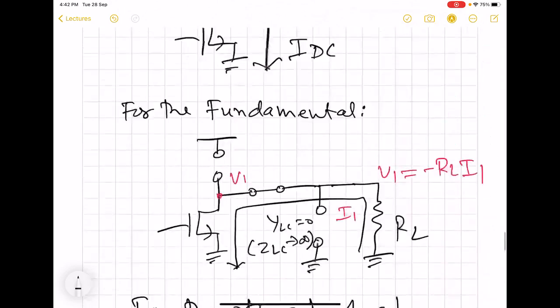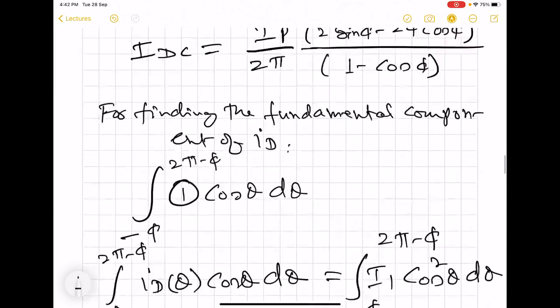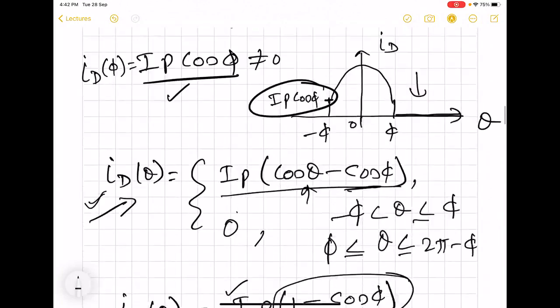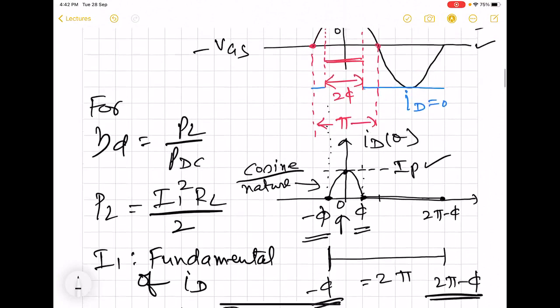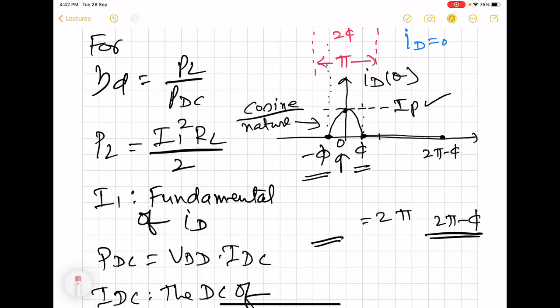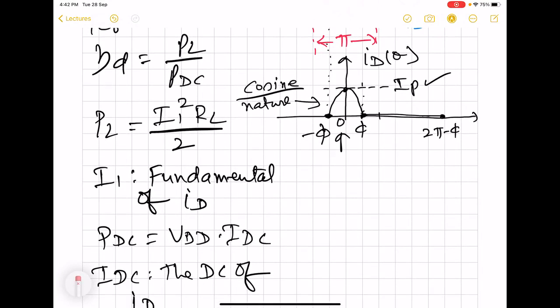Now, if we try to draw these voltage, fundamental drain current voltage and fundamental output voltage, then what we will see here is, so fundamental of this ID is going to flow through the load, and that fundamental is going to be a sinusoid. So this will be like this.